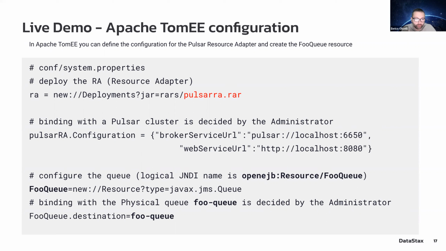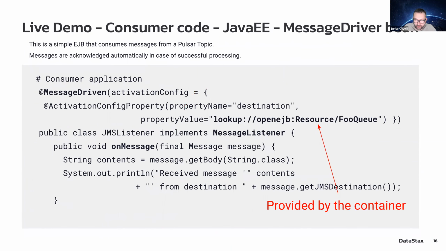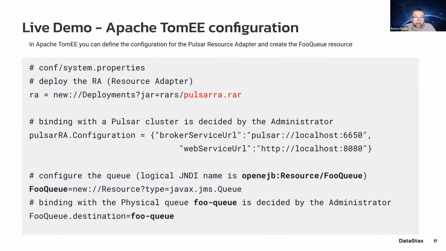I'm naming this full queue, and this will be mapped to OpenEJB resource/full queue that we saw in the example here. And we configure the destination, and we are saying that a full queue is for full minus queue. And this is the physical destination on Pulsar.